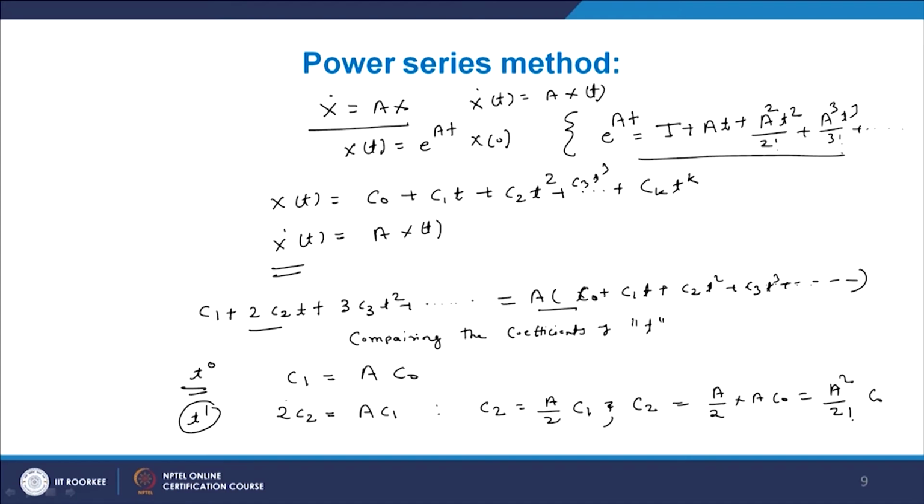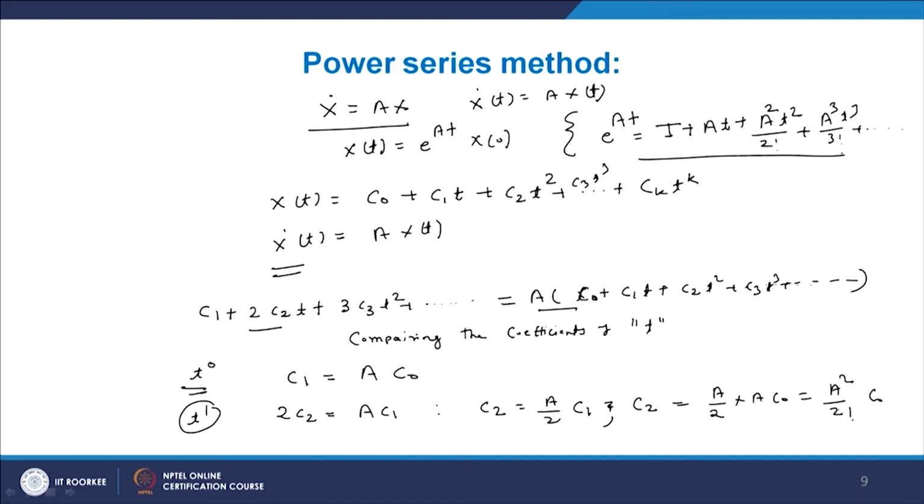Now, similarly we have to compare the coefficient of t2. If you compare the coefficient of t2, we will get 3 C3 into A into C2. Now, what is C2?